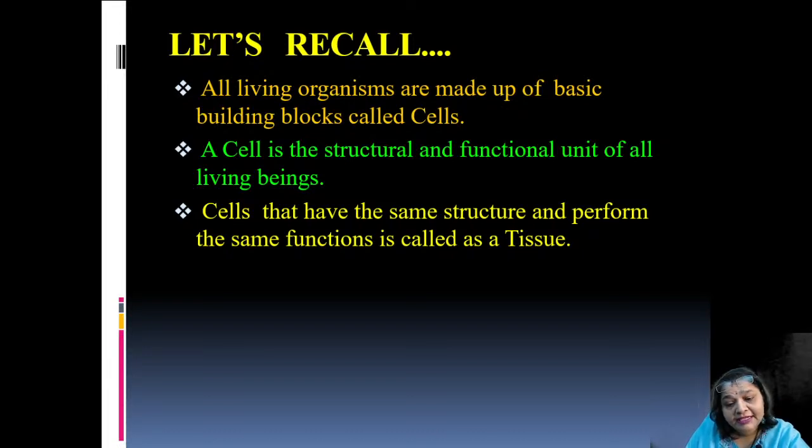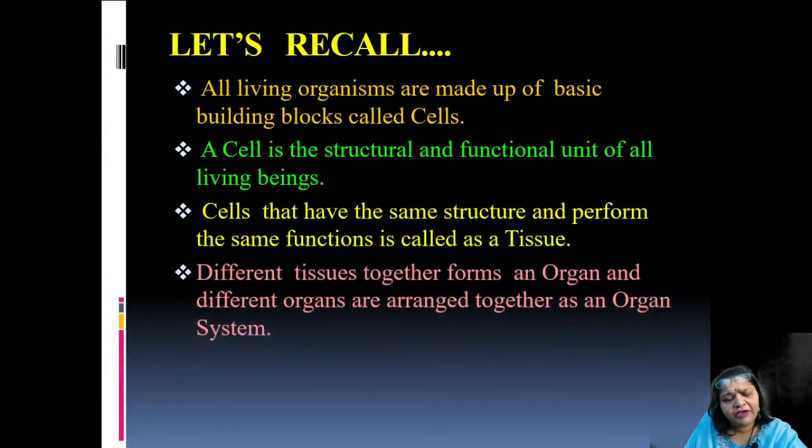Thus, the cells that had the same structure and which performed the same functions started working together. Now, this group of cells is called a tissue. Very well, the different tissues in the same manner would have together formed an organ, right?